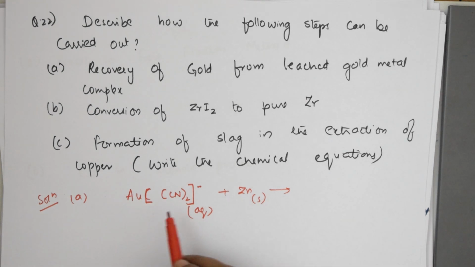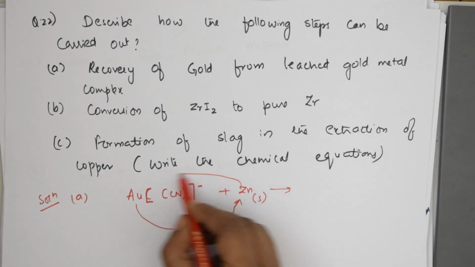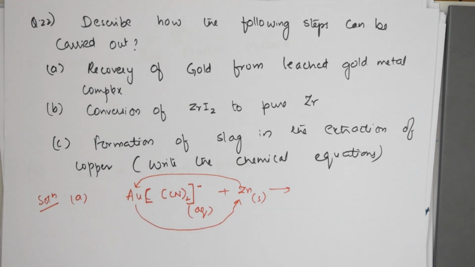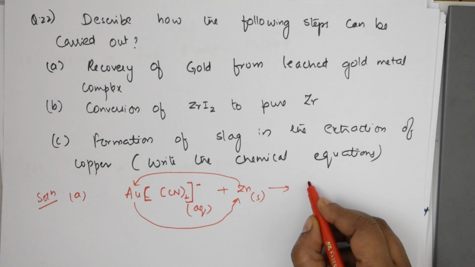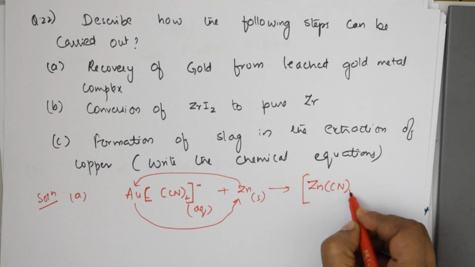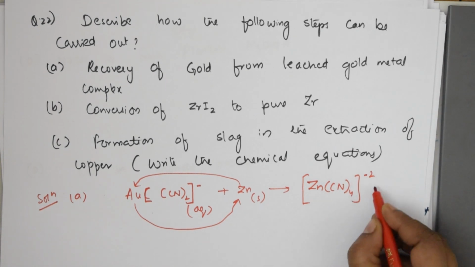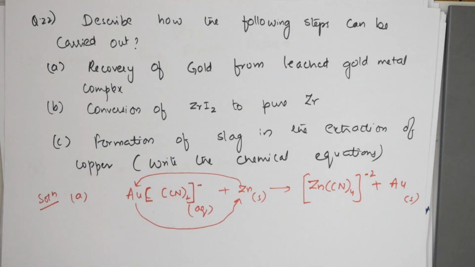There is an exchange of ions by the displacement method. Zinc displaces gold. This is highly reactive, isn't it? So zinc displaces gold, and what do I get? I get zinc cyanide, 4 valency, minus 2, and gold is out. Au is obtained in solid state by the displacement method.